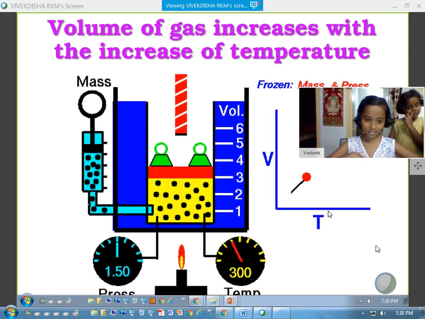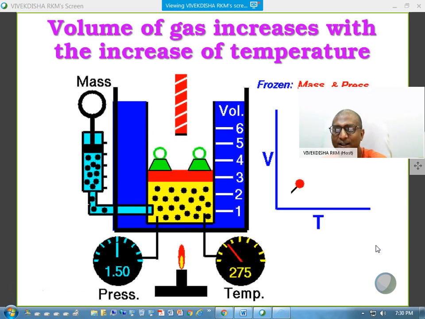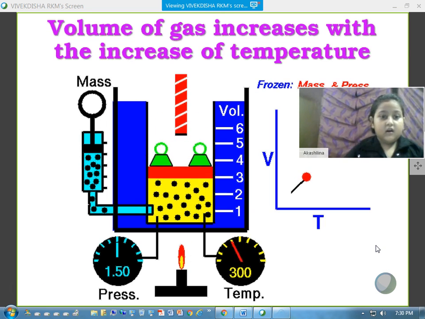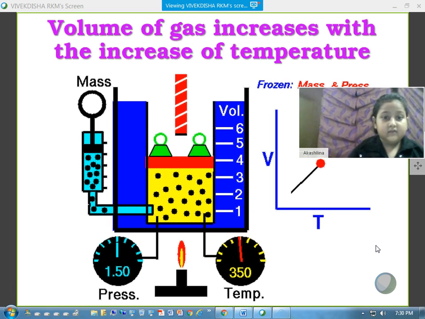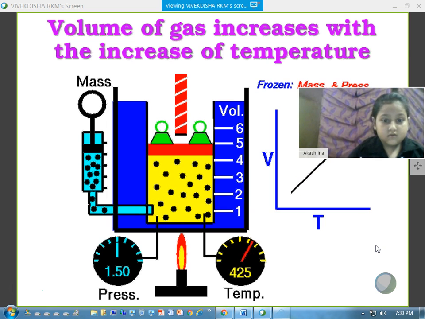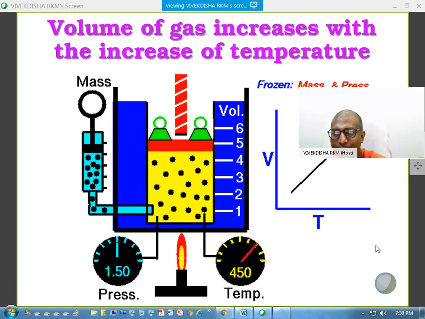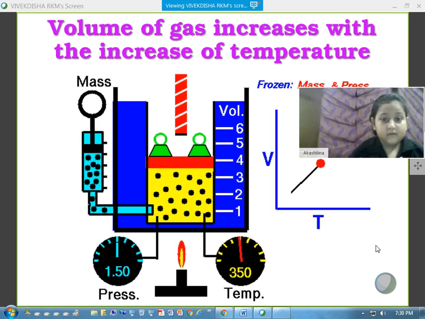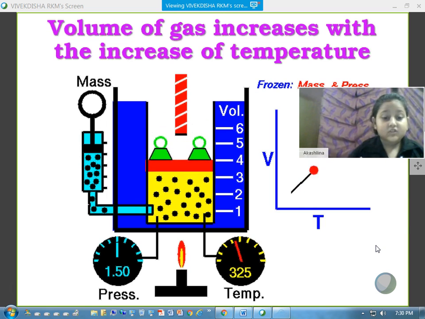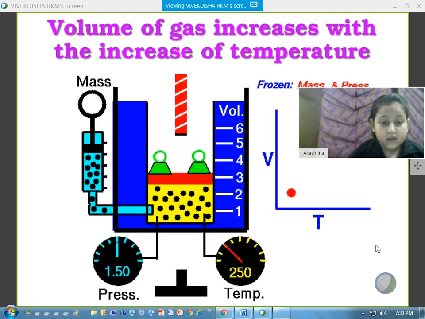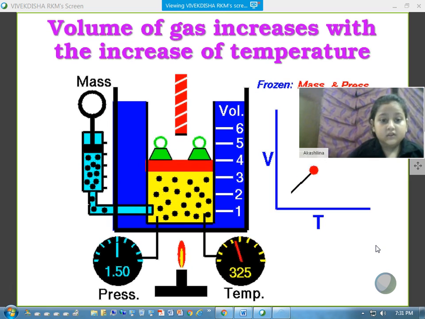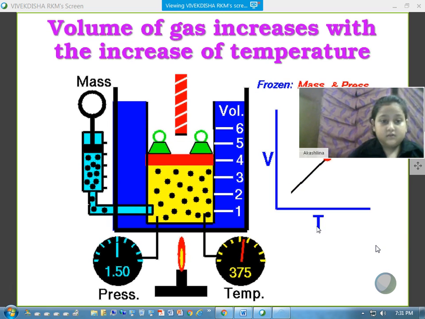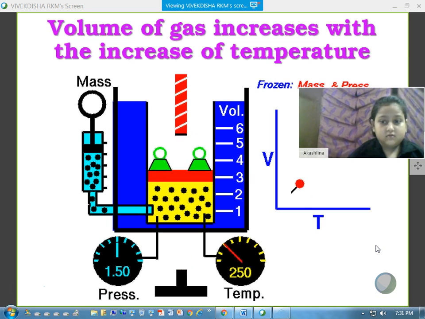Okay, Akashlina, can you understand what is going on? The water is heating and the volume of gas is increasing. When it is heating, the temperature is also increasing. And the volume of gas is also increasing. Okay, so check this one first.